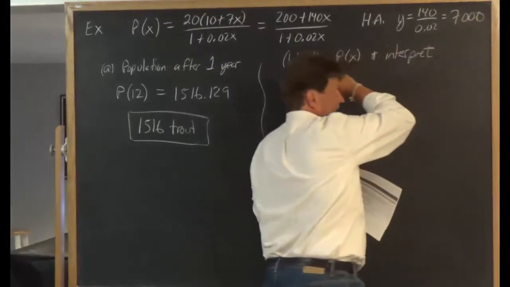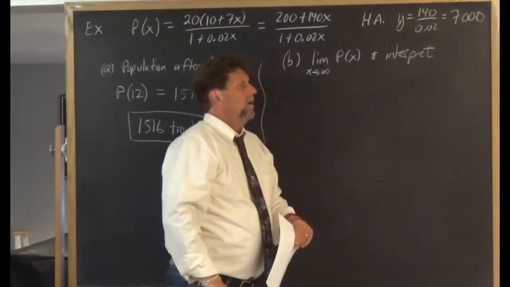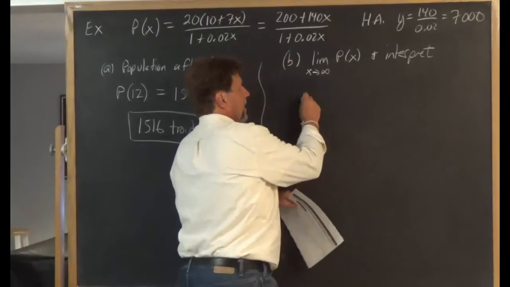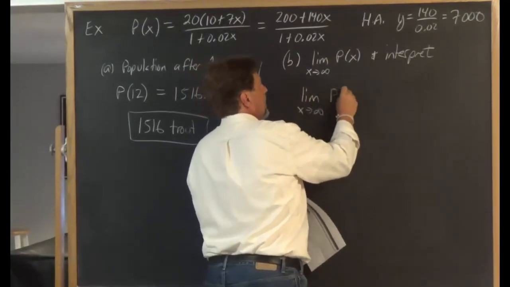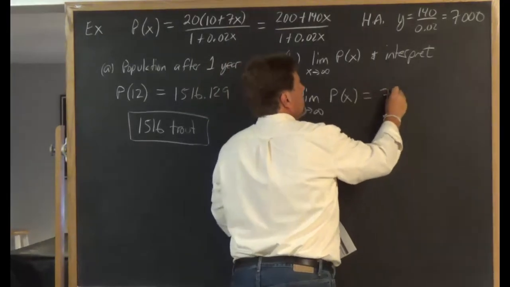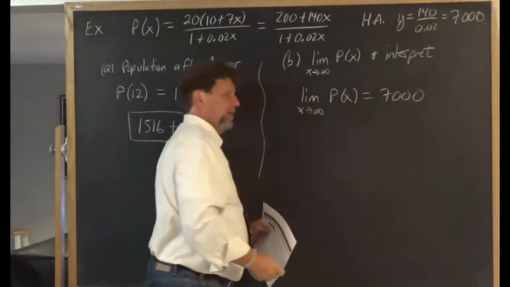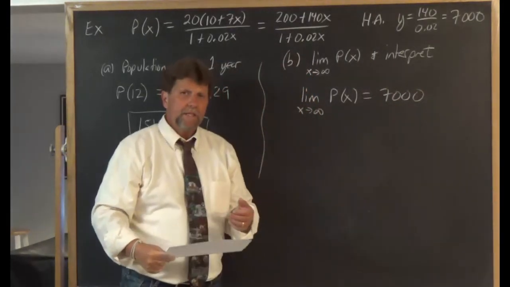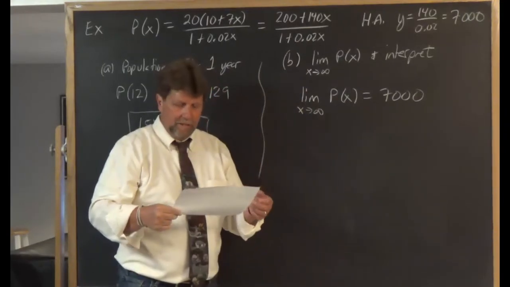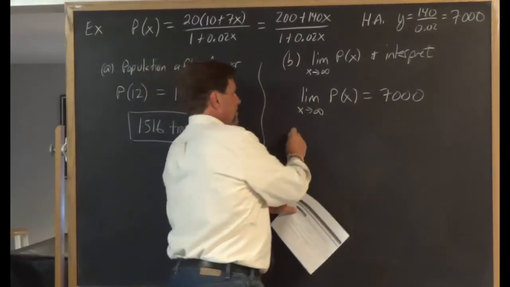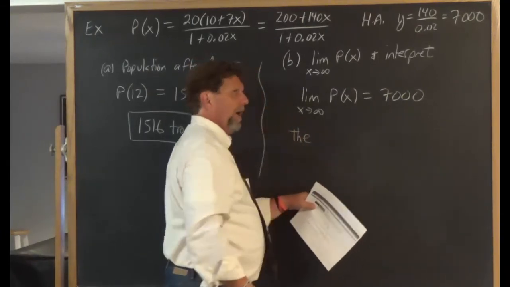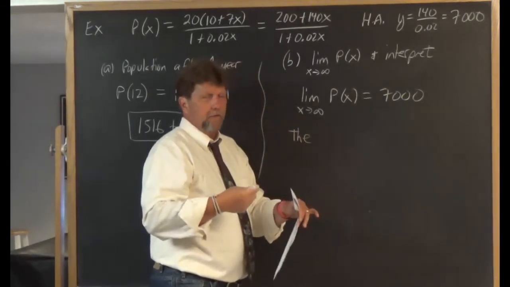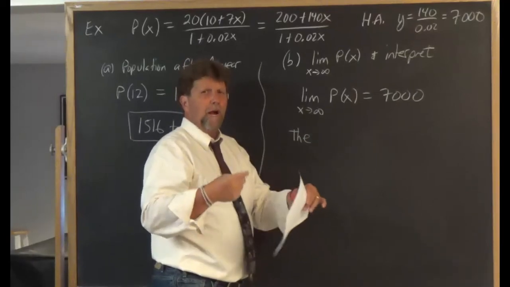7,000. Since I know that, I immediately know that the limit as x goes to infinity of P of x is 7,000. So now what does this mean? The interpretation, what does it mean? It means, there are several ways biologists represent this, several different phrases.